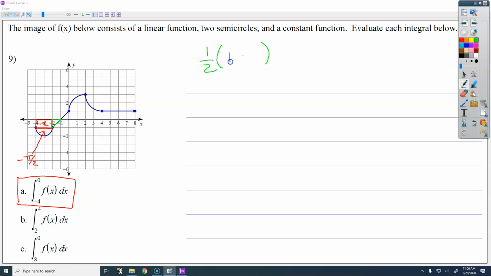The base is 1, the height is 1, so that's 1/2 basically, but it's under the curve, so that's negative half. This other little triangle next to it is above the curve, and it's exactly the same. It's a positive half.